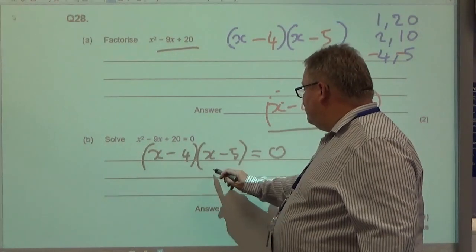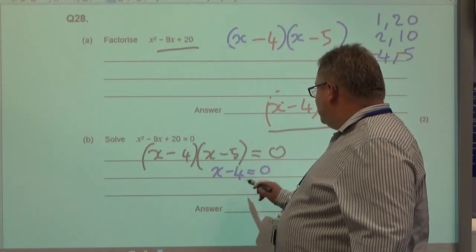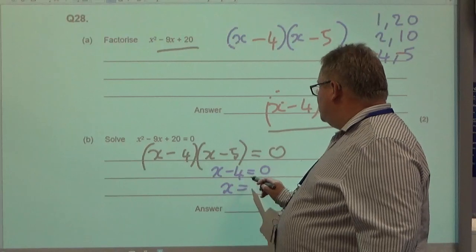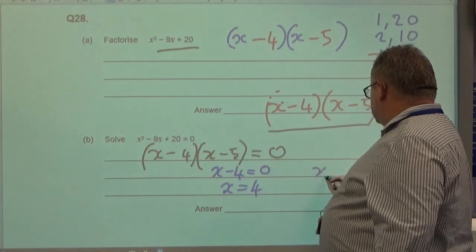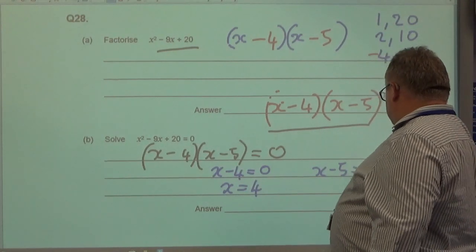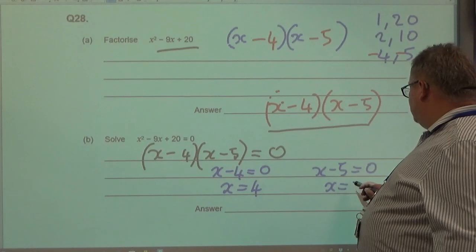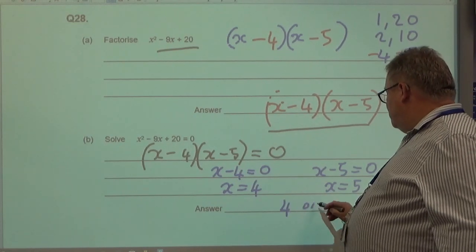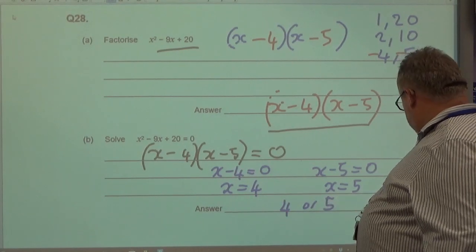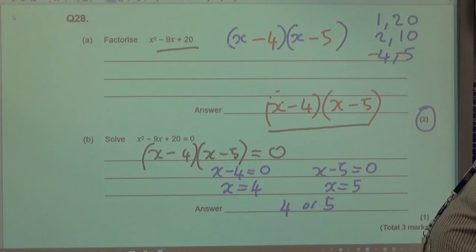So if x minus 4 equals 0, then x would equal 4. And over here, x minus 5 equals 0, so x would equal 5. So our solutions there are 4 or 5. There are three marks, 2 for getting that bit there.